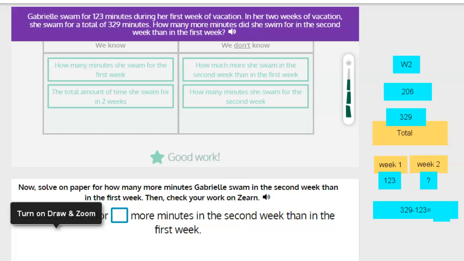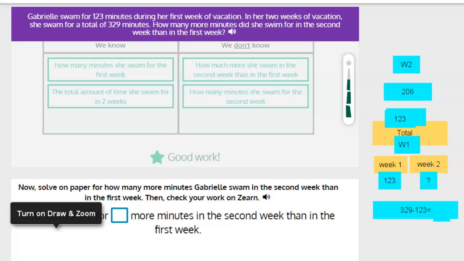All right, so we know that for week 2, she swam for 206 minutes. We also know from the problem that she swam for 123 minutes during her first week. Going to label this as week 1 and week 2 up here. All right, great. So we have to find the difference between these two values. We can see that 206 and 123 are not the same value.